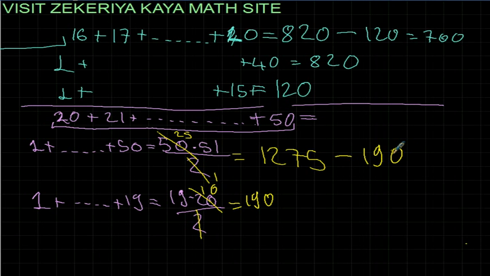Is it good now? Good. 5 minus 0 will be 5. 7 minus 9, we cannot do; 17 minus 9 will be 8. So we have here 1 minus 1 will be 0 and 1085. Is it good, everybody? Did you find the same thing?